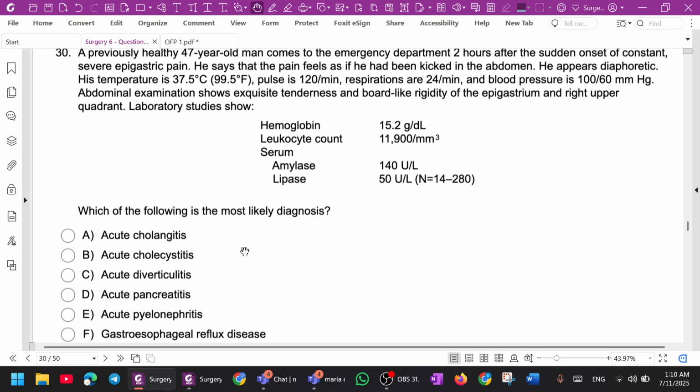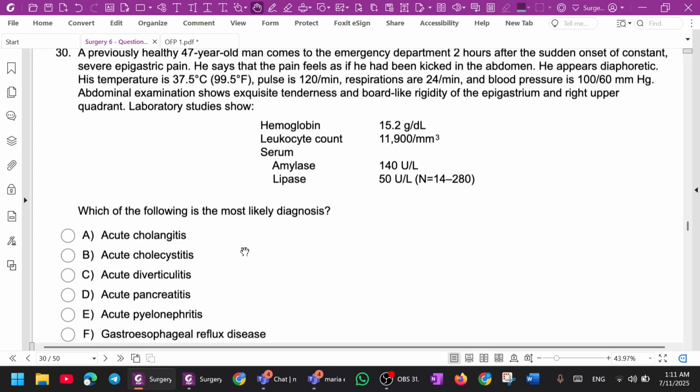A previously healthy 47-year-old man comes to the emergency department 2 hours after the sudden onset of constant severe epigastric pain. He says the pain feels as if he had been kicked in the abdomen. He appears diaphoretic. His temperature is 37, pulse 120, respiration 24 per minute, blood pressure 100 by 60.